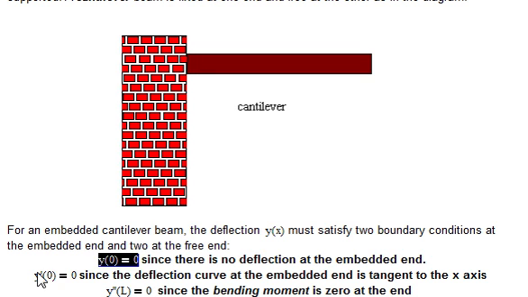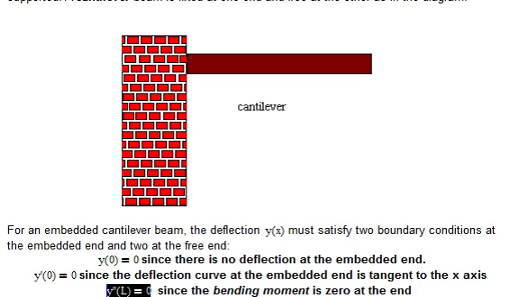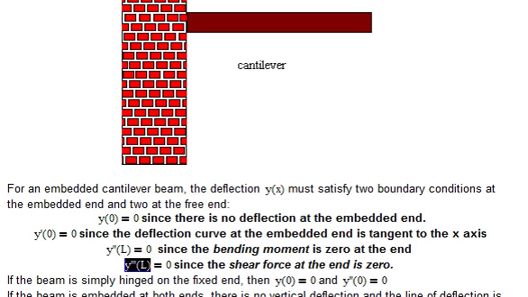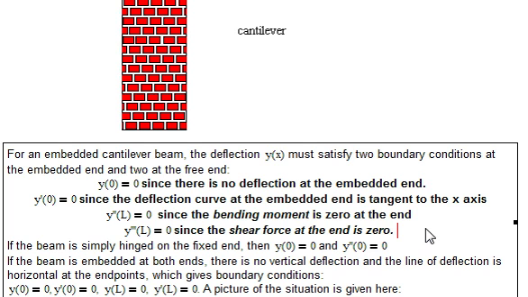And y prime of 0 equals 0 since the deflection curve at the embedded end is tangent to the x-axis. Y double prime at L equals 0 since the bending moment at the end is 0. And y triple prime of L is 0 since the shear force at the end is 0, and you might have to look up shear force in your strength of materials book.